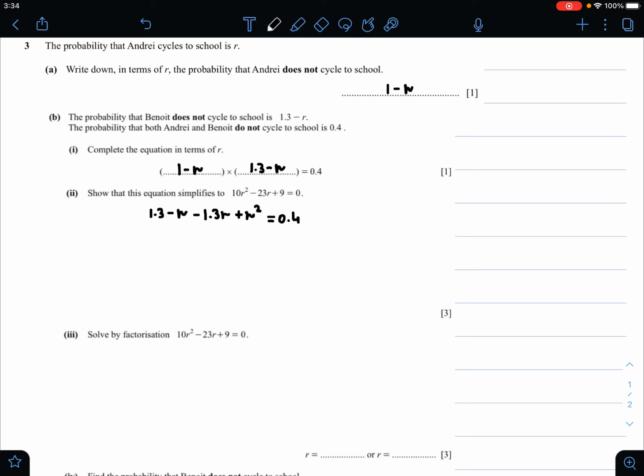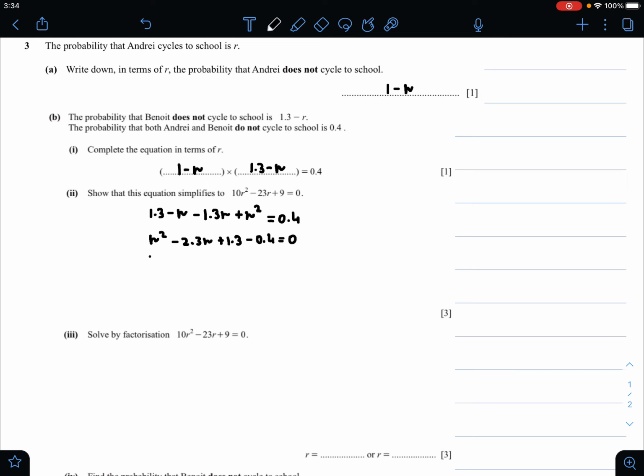Let's simplify this first. So r square minus 2.3r, because minus 1 minus 1.3 is negative 2.3. Then plus 1.3, and we can get the 0.4 to the other side of the equation, so it becomes 1.3 minus 0.4, which is equal to 0.